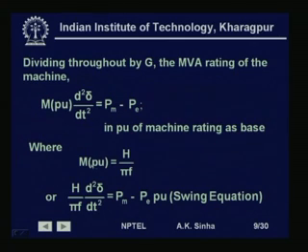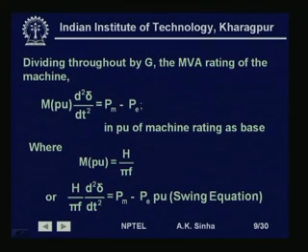Here m per unit, as we had seen earlier, we had written that kinetic energy is equal to G into H, where G is the rating of the machine and H is the inertia constant. We had defined the inertia constant H as the kinetic energy of the rotor at synchronous speed divided by the rating of the machine in MVA, whereas kinetic energy we have taken in terms of megajoules.